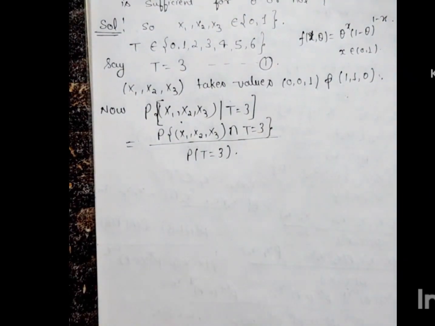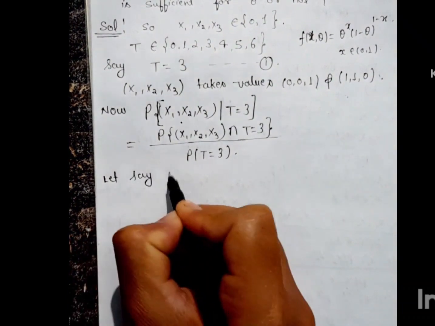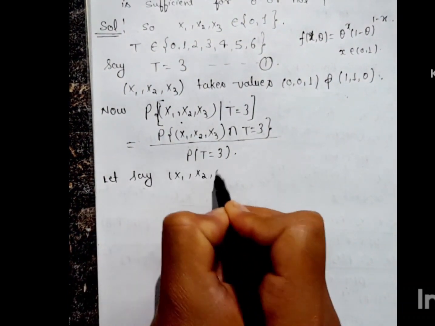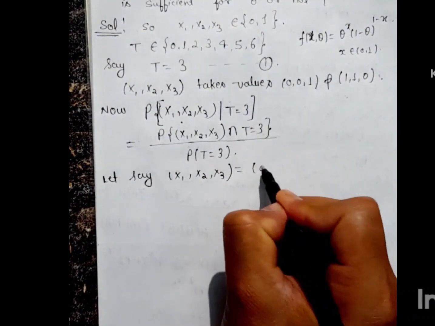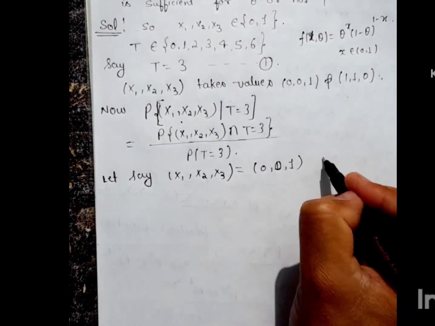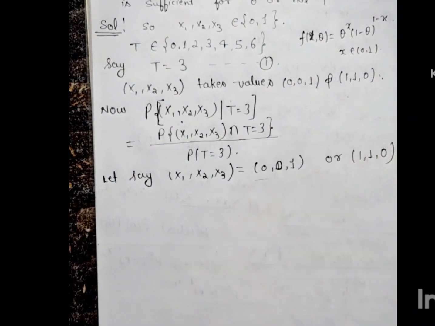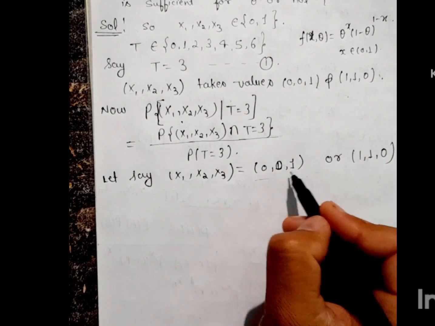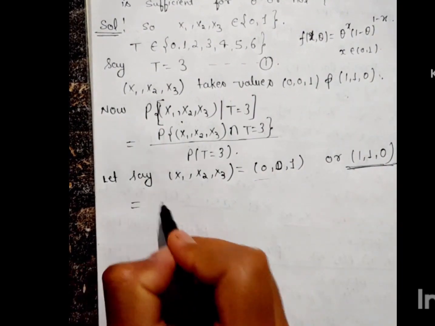Now we put the combination. Let's say X1, X2, X3 equal to 0, 0, 1, or we could also take 1, 1, 0. The calculation will be easy with 0, 0, 1, so we take that and skip the other.